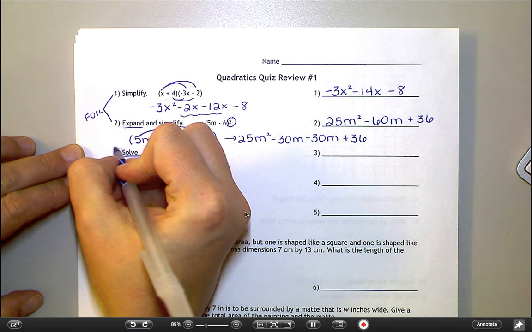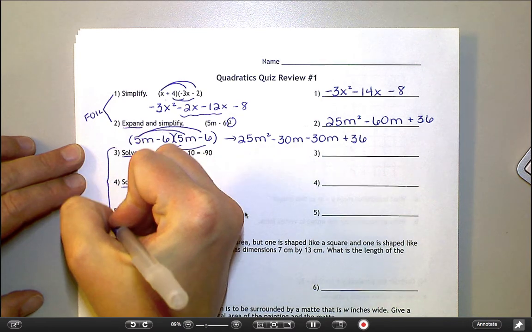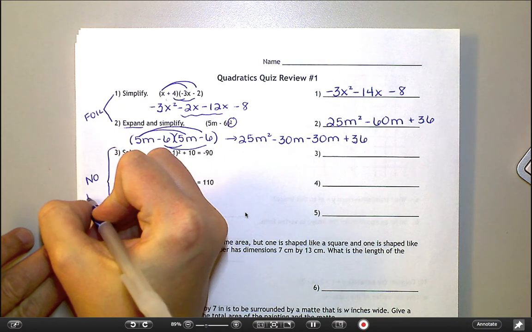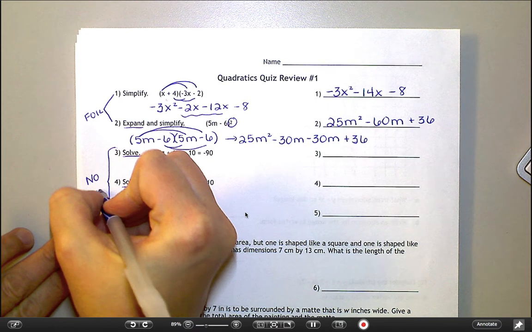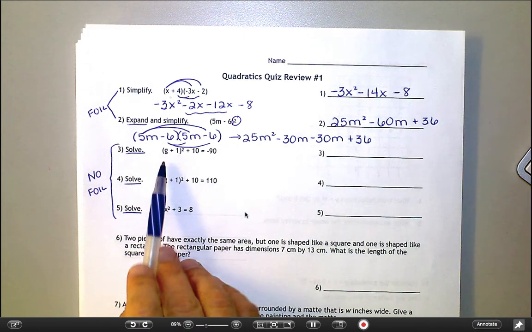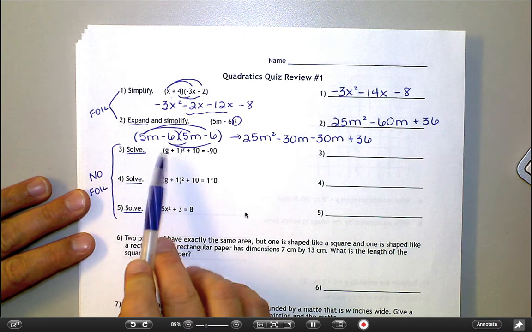But either way, the big point I want to make here is when it says solve, you are not going to FOIL, because foiling is spreading the mess around. Foiling makes everything look pretty and it takes it all apart and writes it out nice, but it doesn't actually get anything by itself. If we want to get g by itself, we have to dig it out of there.